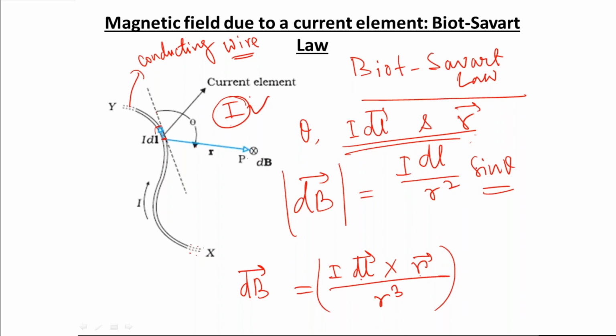So according to the rule of cross product, it will be sine theta. I dl by r square into sine theta. Don't remember this alone, because this will give you the magnitude, but you will be misled while finding out the direction.